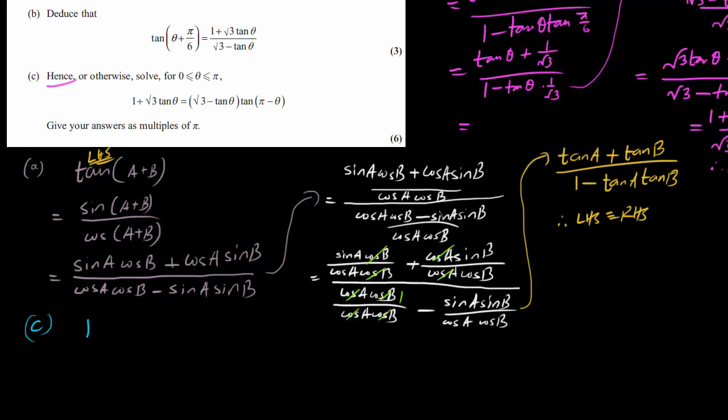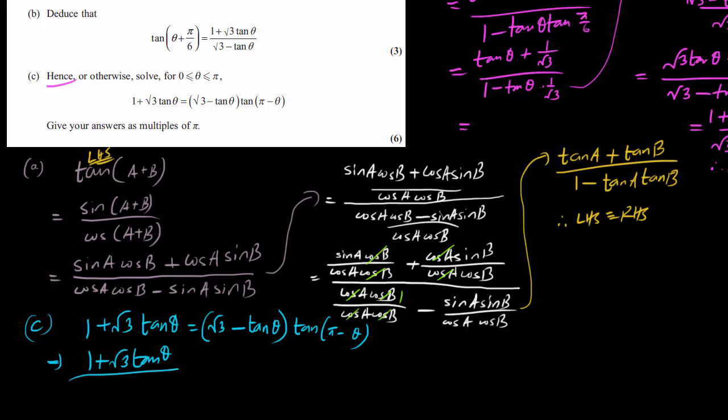So first of all, we have 1 plus square root of 3 tan theta equals to square root of 3 minus tan theta times tan of pi minus theta. So what we can see is this pattern: 1 plus square root of 3 tan theta divided by square root of 3 minus tan theta equals tan of pi minus theta.